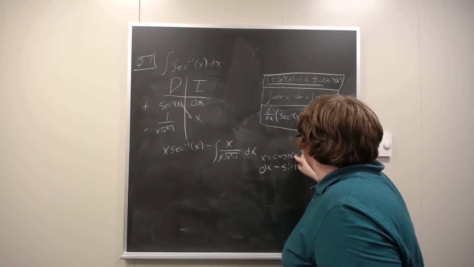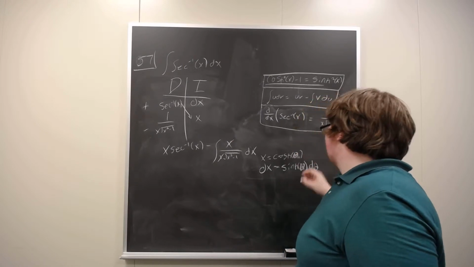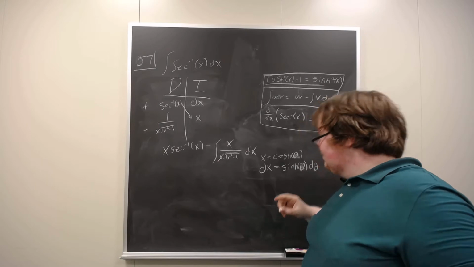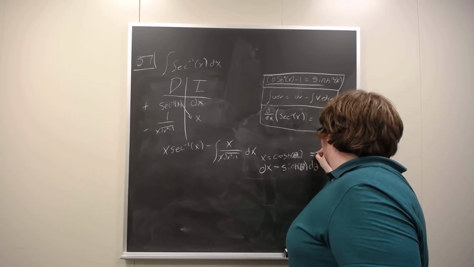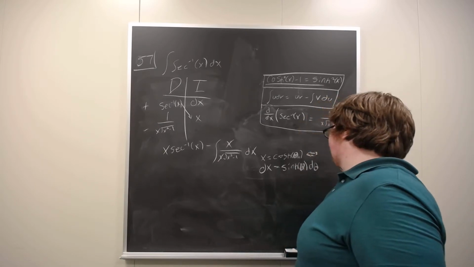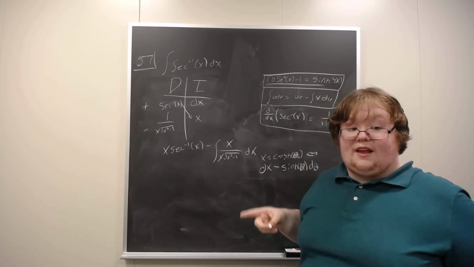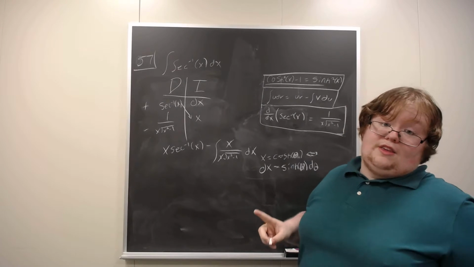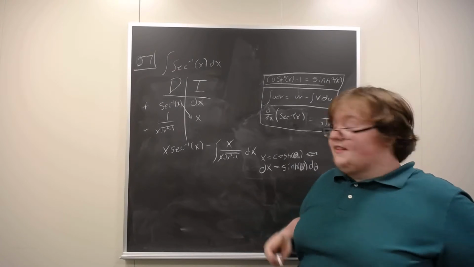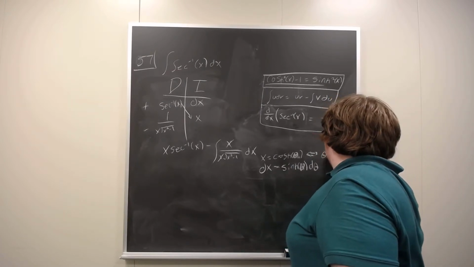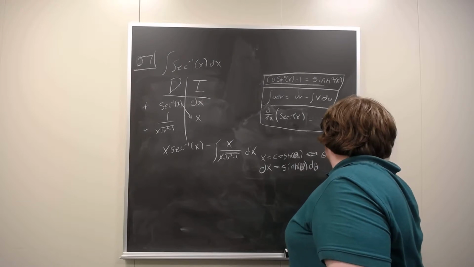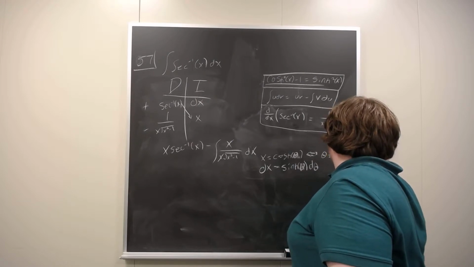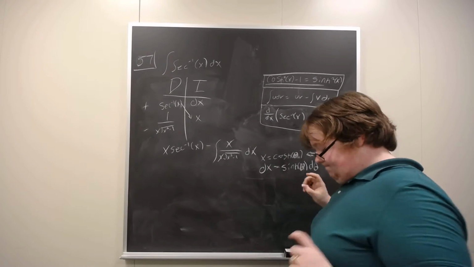I apologize, it's actually cosh theta, and it's sinh theta d theta. From here, we can also solve for theta, because we'll need that at the end. We have to substitute back in. So we solve for theta by taking the arc hyperbolic cosine of both sides, which gives us that theta is equal to the arc hyperbolic cosine of x.